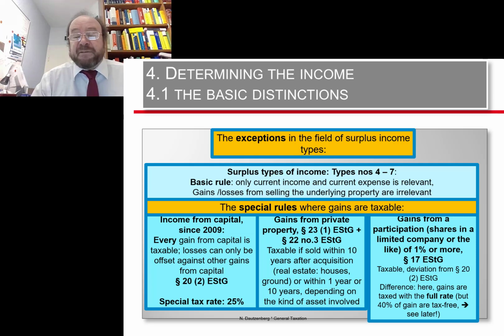But section 17 follows some different rules in the calculation of the gain. For example, the 25% tax rate does not apply, and that is the reason why this additional rule has been kept ever since. So when it comes to selling shares, it is still a difference.